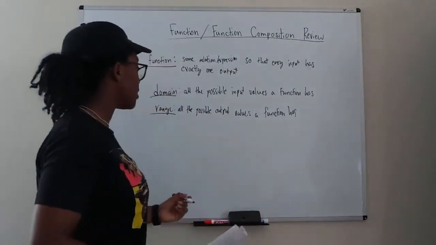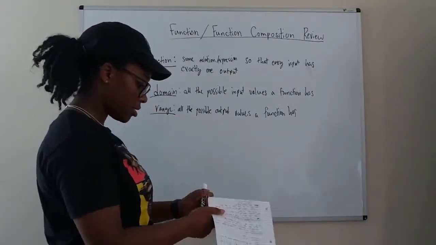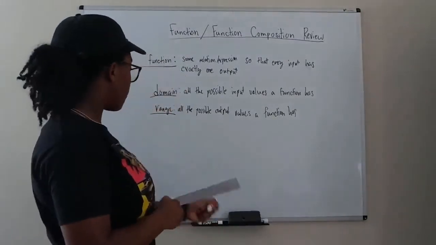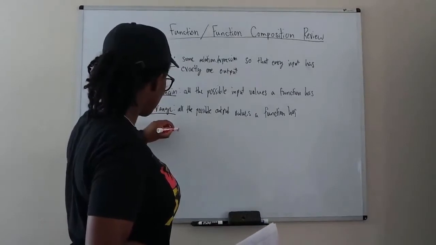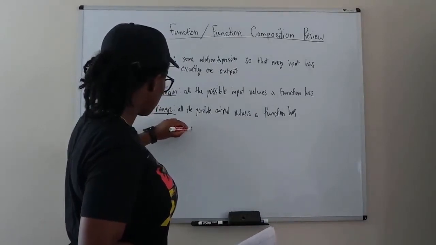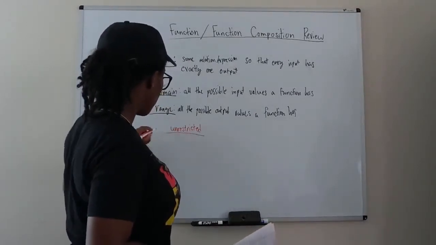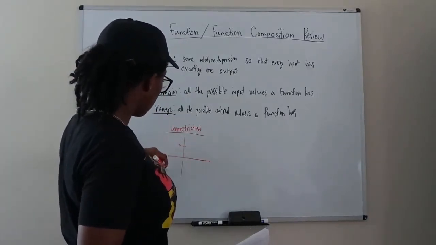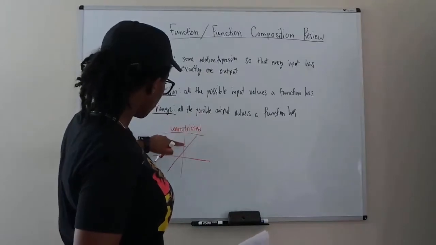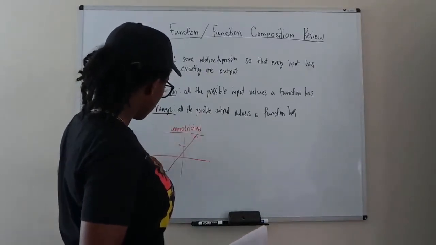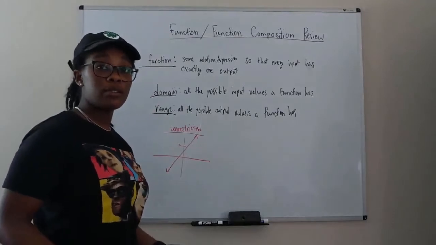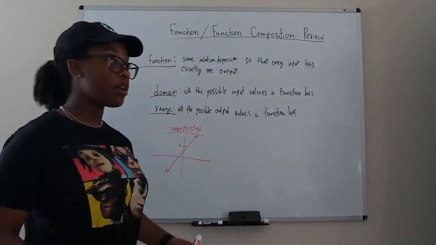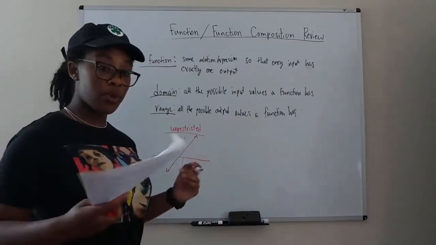And so I just want to give a quick example. So I'm going to switch colors actually for this, so it kind of stands out a little bit more. So an example of an unrestricted domain would be something like a line. Let's say it's just a line y equals x plus 3. Just pretend it goes through it. So for this one, it's unrestricted because the domain can take any possible x value and the range can take any possible y value.